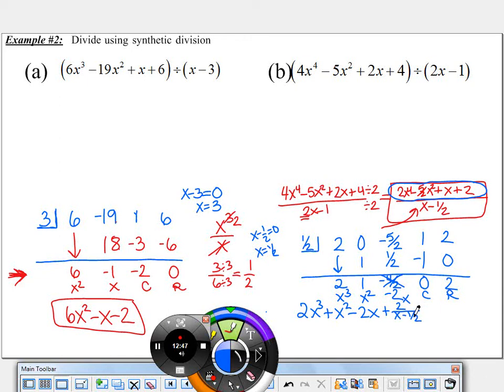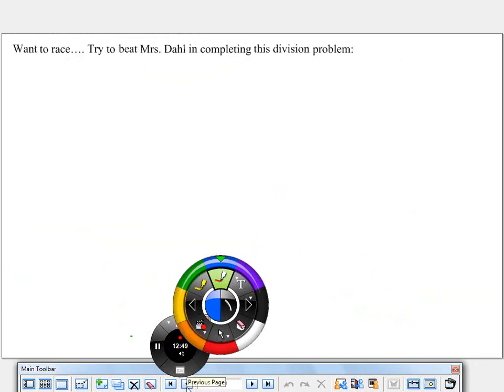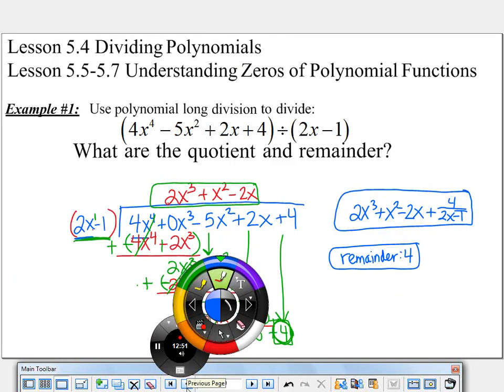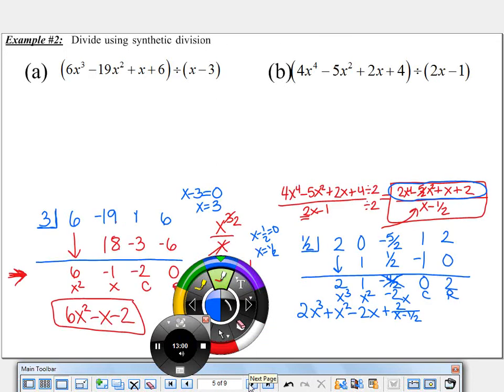Now, this does not look exactly like the answer we had before if you look back here. Okay? Everything looks the same except for this remainder part right here. We don't have 4 over 2x minus 1, and here's why. We have 2 over x minus 1/2. Now, here's the thing. To write this properly, we don't really keep fractions within fractions. So when I look at this remainder and I notice that it has a fraction within the fraction, I want to get rid of that.